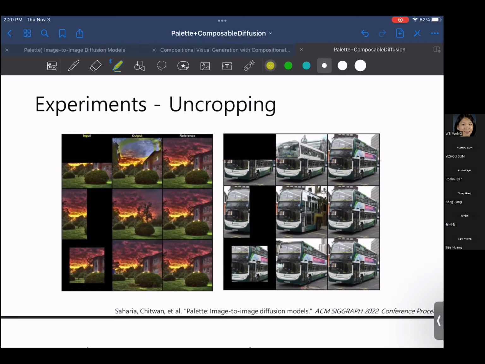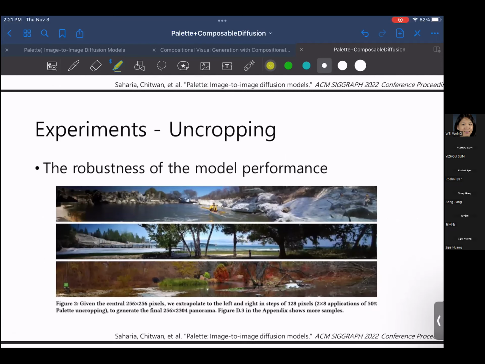So when you look at this picture, the original given picture was just including this part, but when you slide to the right side or left side, the model can robustly generate all the other parts, including this part. I would say this is quite an impressive experimental result.